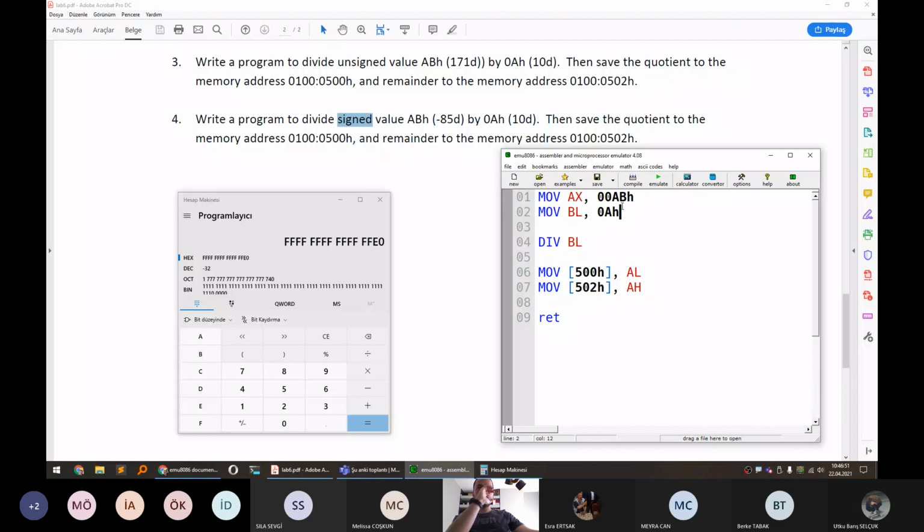Okay. In order to calculate AB as minus 85, we have to put this value into AL, or we have to put this into AX as FFAB.